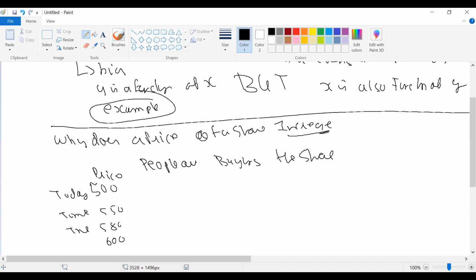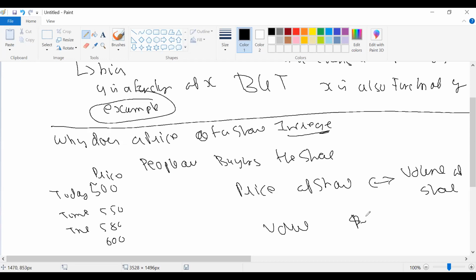So buying the share and going of the price, ये दोनों एक दूसरे पर डिपेंडेंट हैं. Since people are buying more, prices are going more, and since prices are going more, people are buying more. So price of the share or price of any commodity is dependent upon the volume. Volume means how many shares are being bought, volume of shares traded, and volume is dependent upon your price.